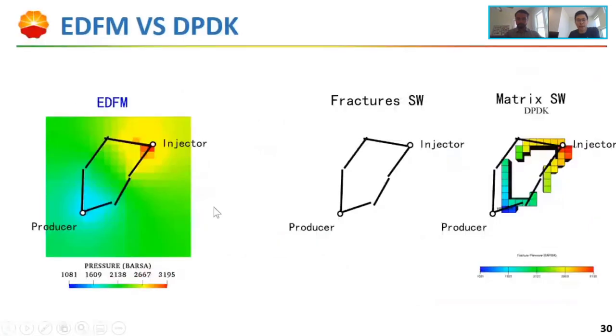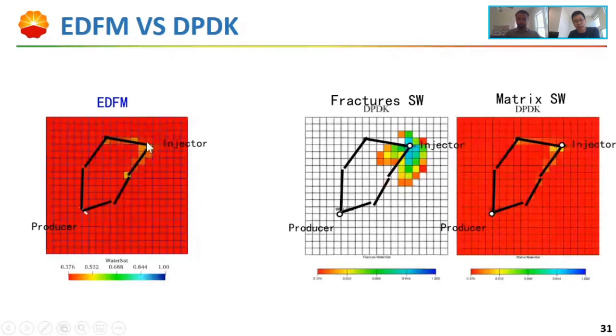To better understand these connections, we built this simplified model with an injector well and a producer. Here you can see in one cell, there are two disconnected fractures. For the DPDK method, there are two sets of grids. For EDFM, the fluid flow will mainly happen inside the fractures.